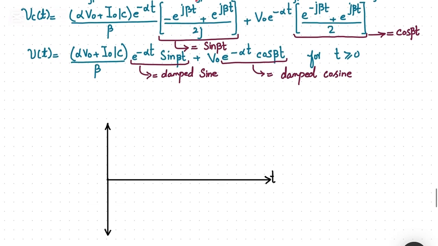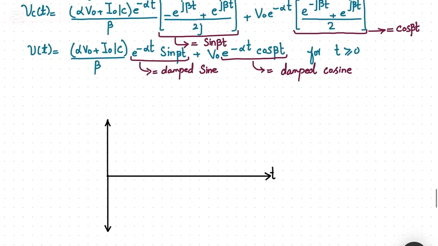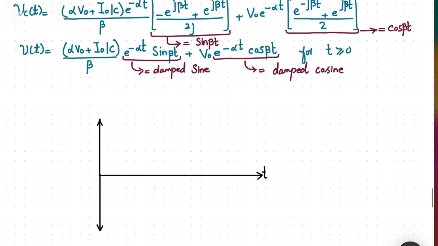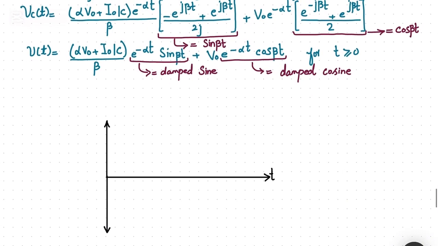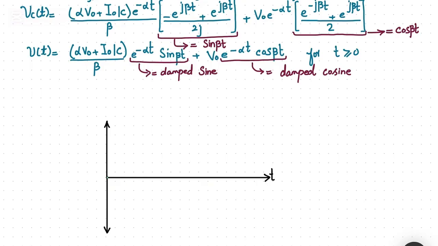If we try to sketch it, it means a damped sine. We know that this is the sketch of a sine wave. This is not sketched according to scale.